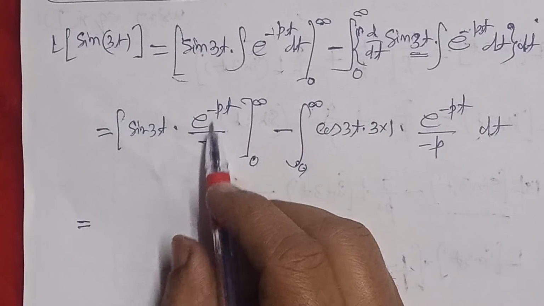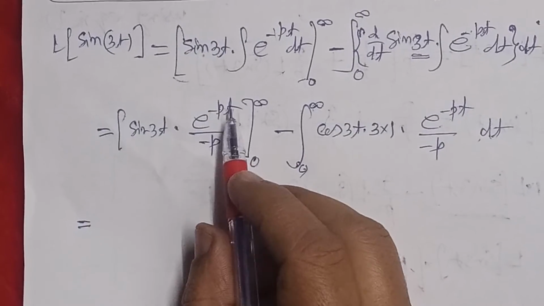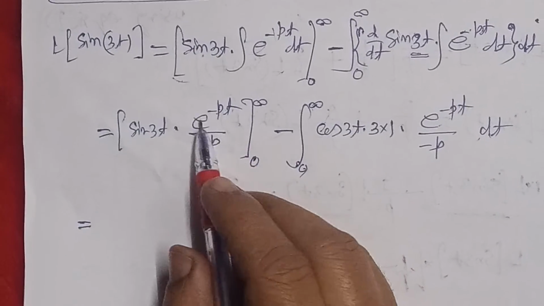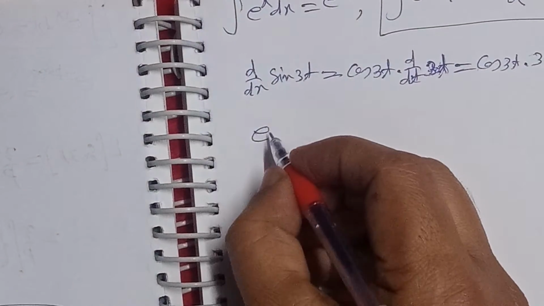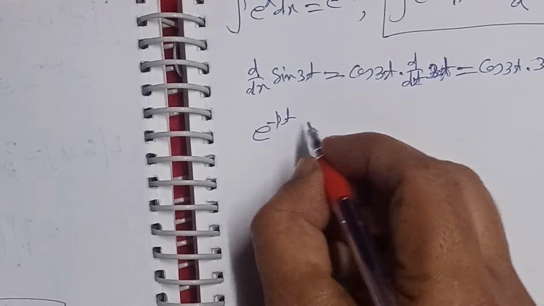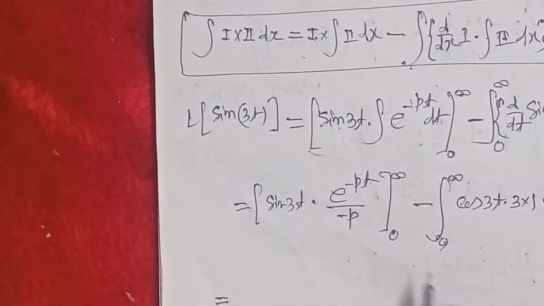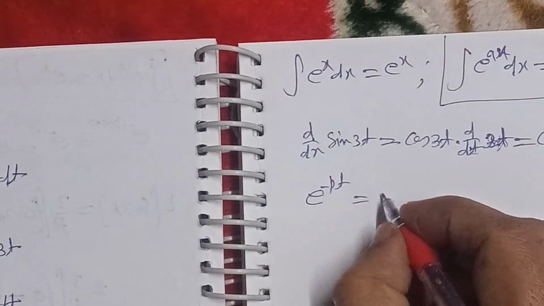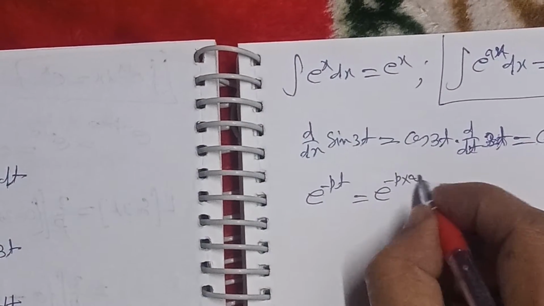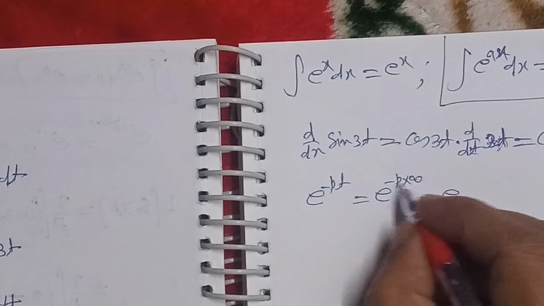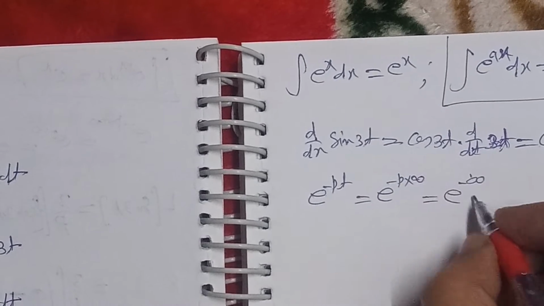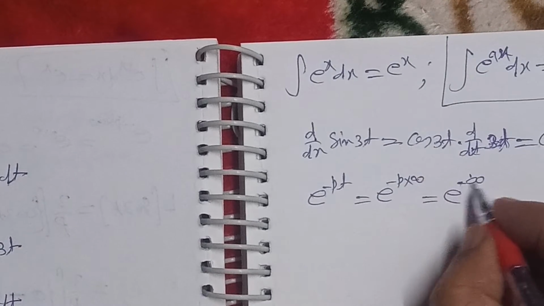I put the value of t here, for upper limit t is equal to infinity. We know that the exponent is minus pt. I write only infinity in this term, and I get e to the power minus p into infinity, which is e to the power minus infinity.